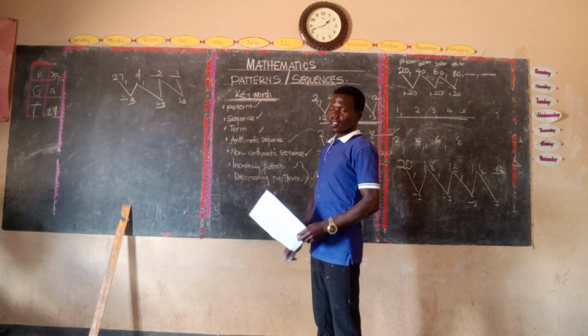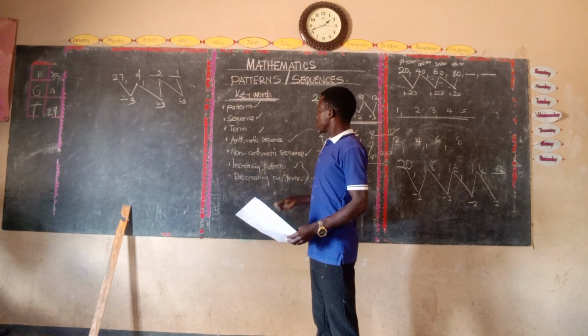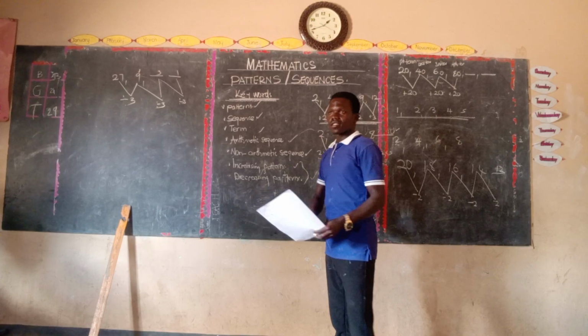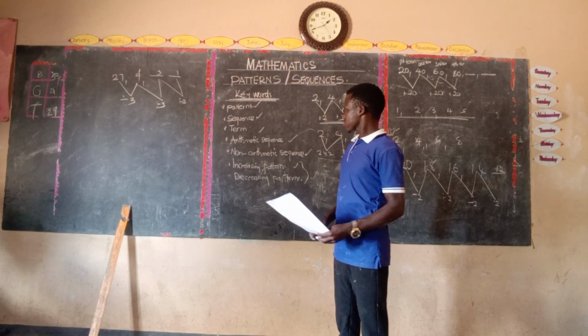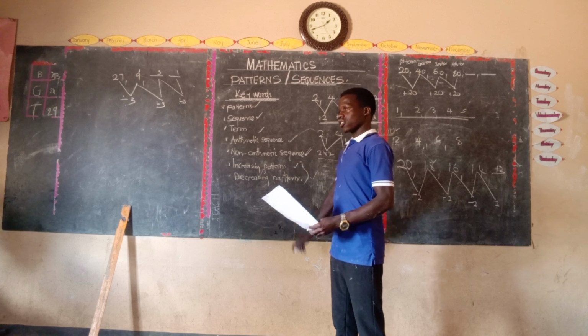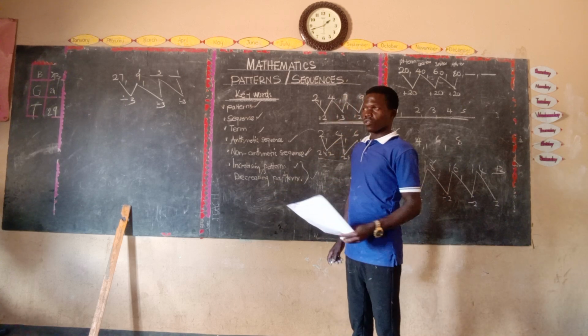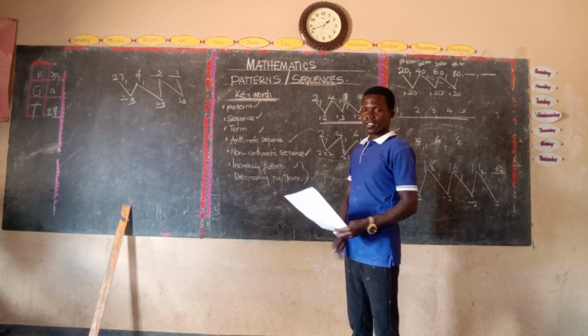Then terms: a term is any number which appears in the series of numbers. Then arithmetic sequences. These are sequences with uniform patterns. And the opposite is non-arithmetic sequences. These are sequences in which the patterns or the order are not uniform throughout the numbers.